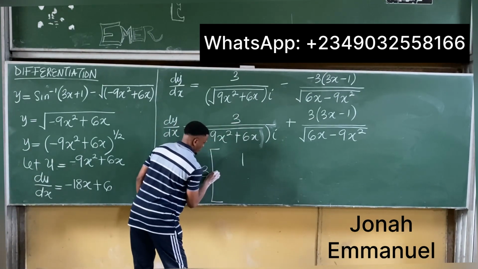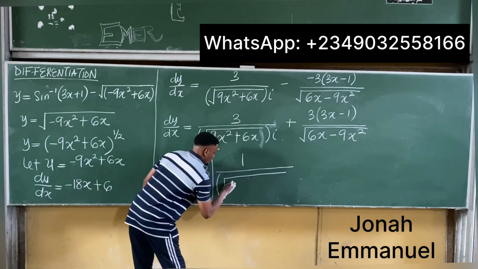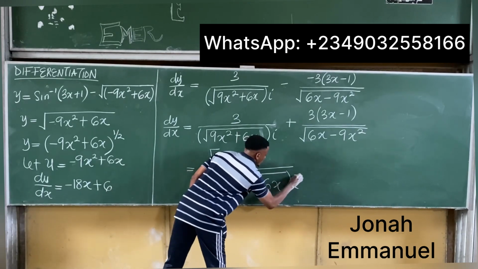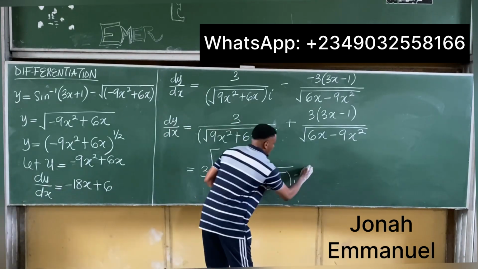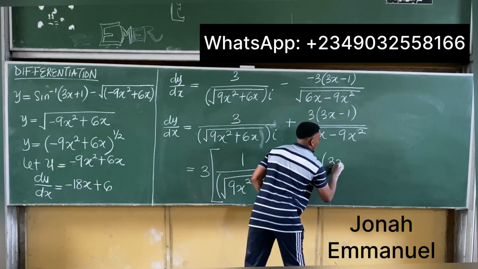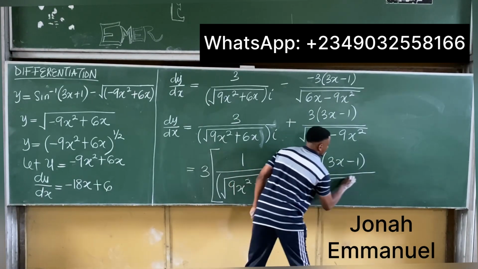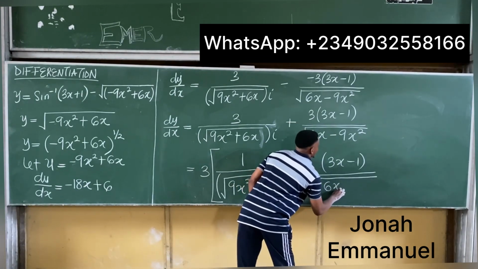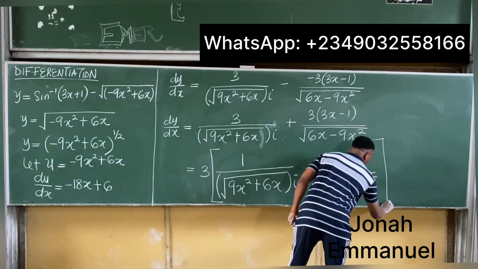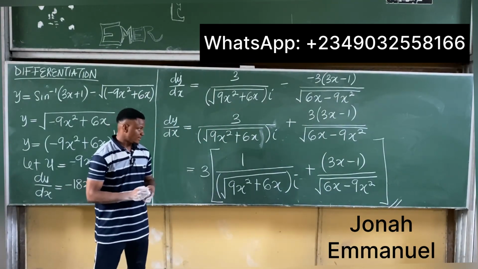It becomes 1 all over the square root of 9x squared plus 6x, this to i, plus, take off 3 from here, I'm left with this. That becomes 3x minus 1 all over the square root of 6x minus 9x squared. So this now becomes my final answer. So this is how we solve this question.